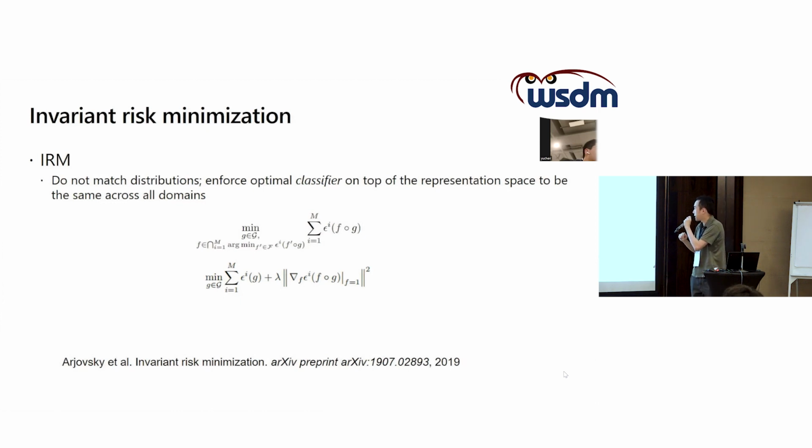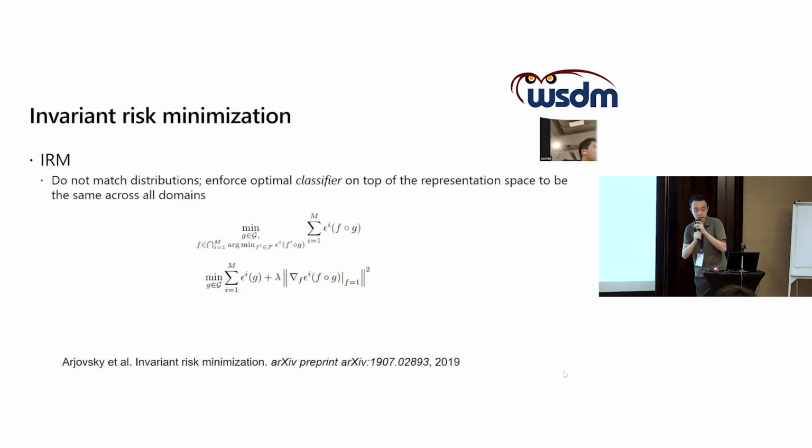Directly minimizing this term can of course be cumbersome. That's why in this paper, the authors proposed to relax the objective function by only optimizing the feature learning, while normalizing the classifier to a unit vector, w equals 1. This is called invariant risk minimization.